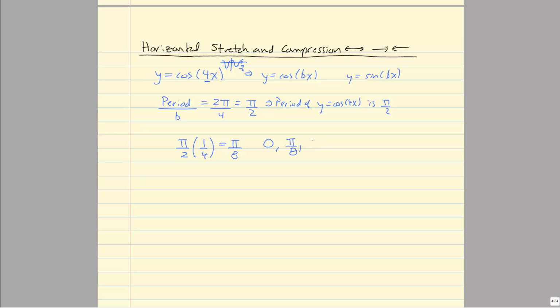Pi over 8 plus pi over 8 is 2 pi over 8. Plus pi over 8 is 3 pi over 8. Plus pi over 8 is 4 pi over 8. So these are my quarter points, if you want to think about it like that. And of course, if you reduce them, pi over 8, this reduces to pi over 4, 3 pi over 8, pi over 2. So these are my important points of interest.